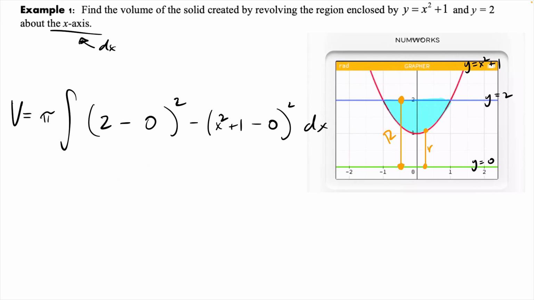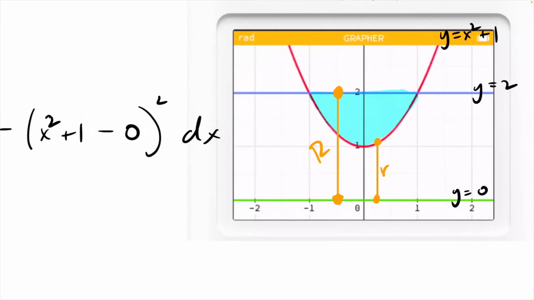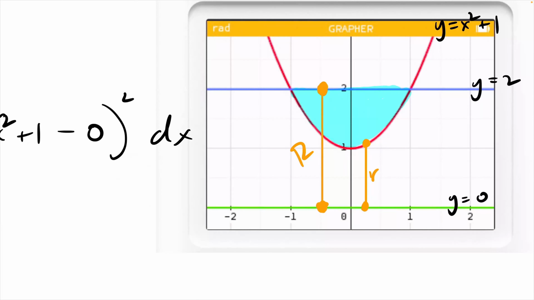Bounds. Where are the bounds for the shaded area? Do I want top and bottom bounds or left and right bounds? Left and right, good. So left and right, let me use a color I haven't used. We'll use dark green. So there's one there, and there's the other there.